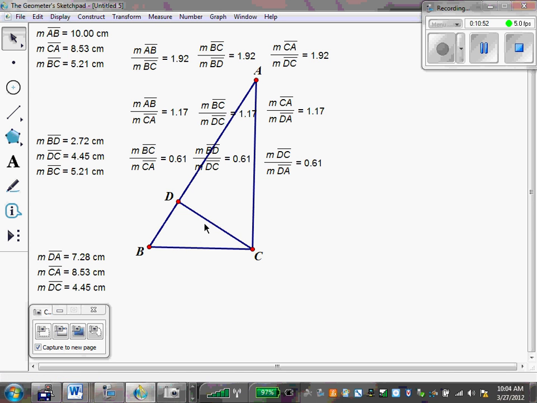I think I just need to measure DC, which is the one we don't have measured yet. Okay. So we already know that DC is in the same ratio as the lengths BC and AC. But how does it fit in with the length BD and DA? That's your last conjecture. See if you can come up with an answer, and we'll talk about it in class.